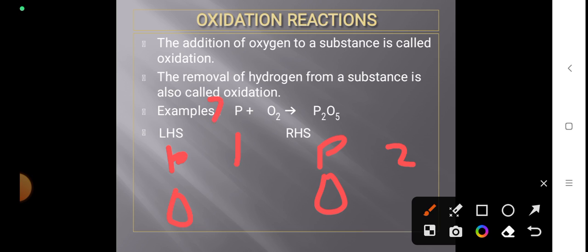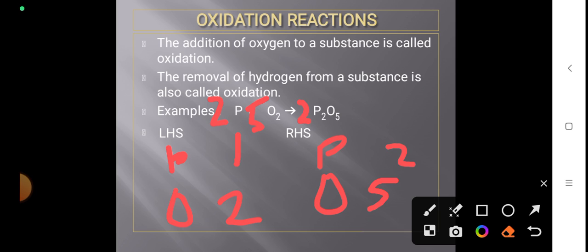write a 2 here. Now coming to oxygen, there's two atoms on left side, but on right side there is 5. So there's 2 on left hand side and 5, so a common multiple would be 10. So if I multiply oxygen by 5, 5 2s are 10, and here if I multiply by 2, again it's going to be 5 2s are 10.